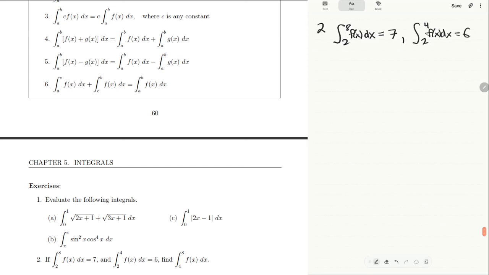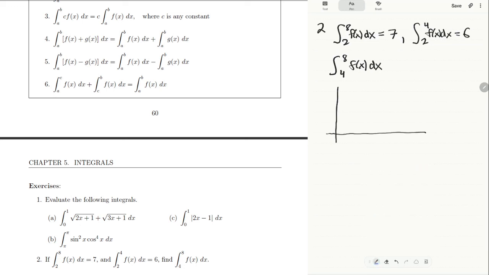And using this information, we want to determine what the integral from 4 to 8 is under the function f of x. So let's draw a diagram of what we're given.